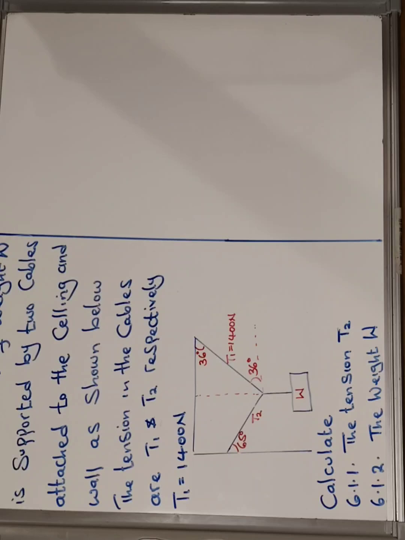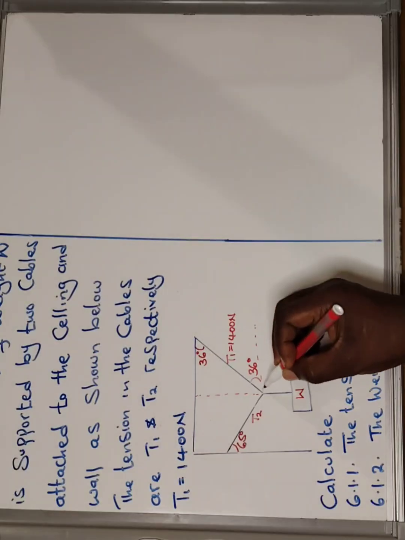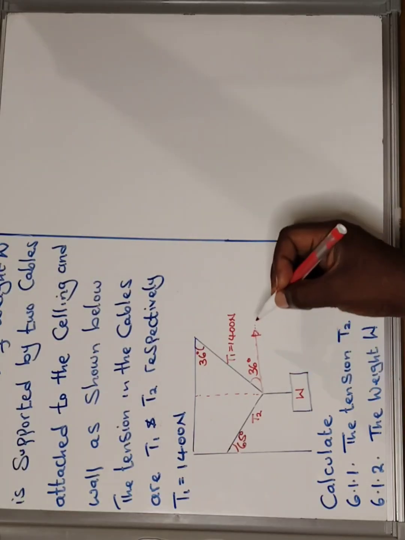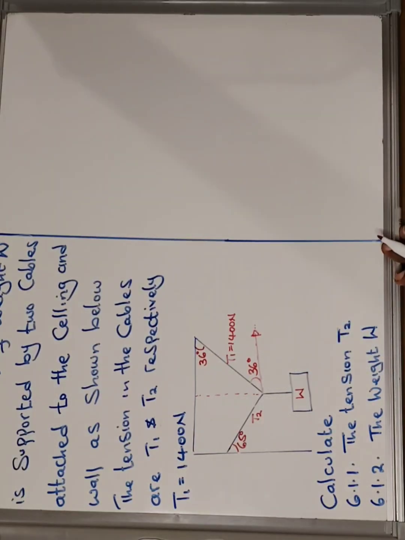Okay, with that the party can start. So we have this component, and remember the component next to the angle is a cos.